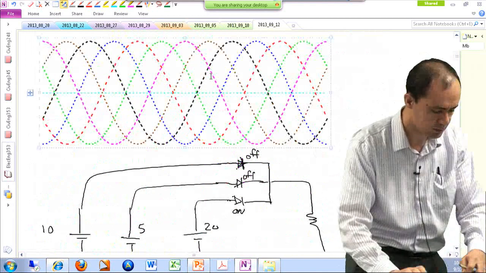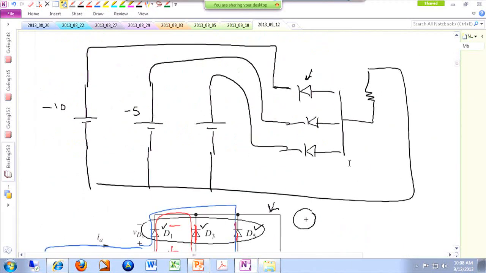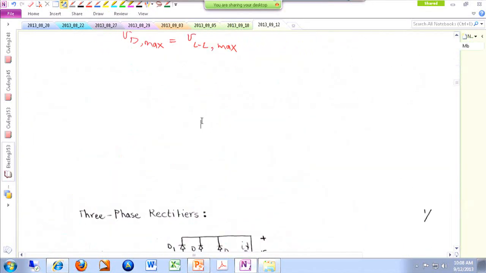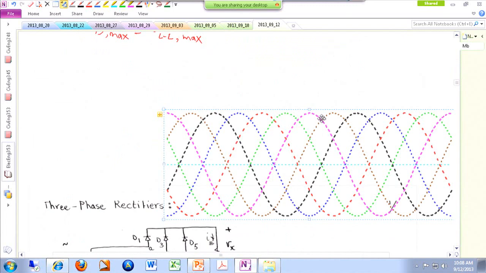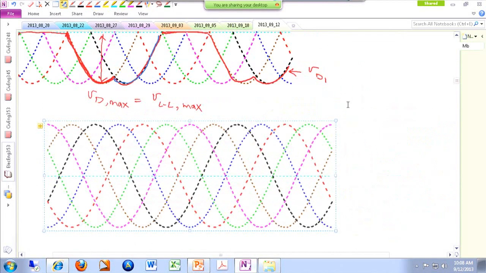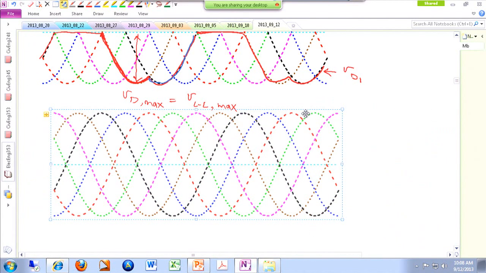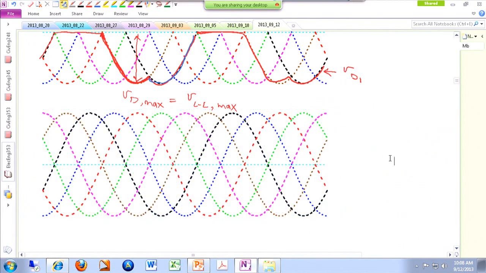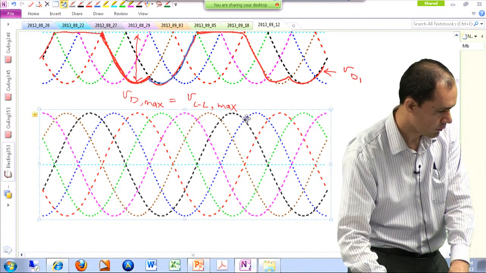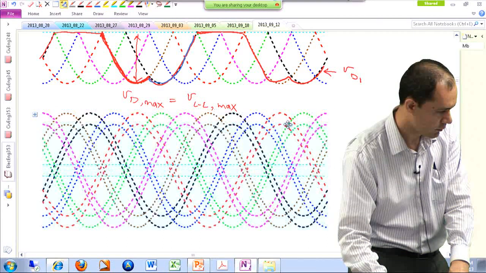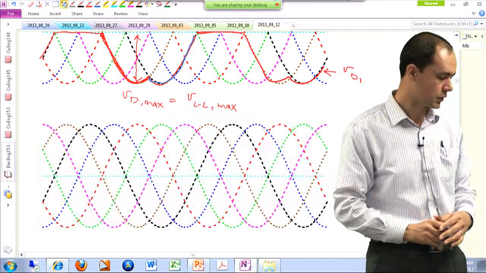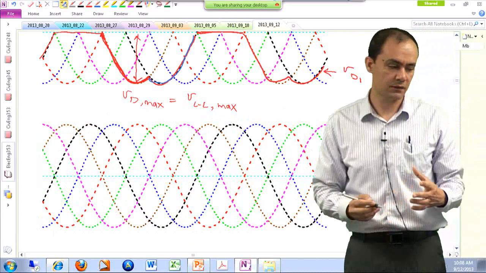I'm just trying to copy and paste this thing down here, and make sure it's aligned. Okay, so we are trying to plot the current of the diodes.